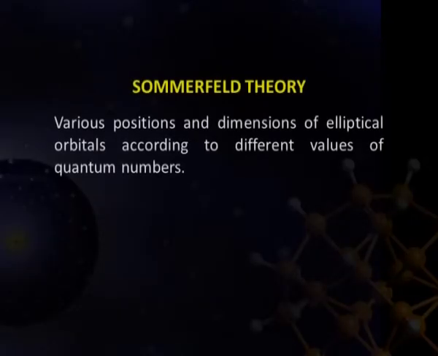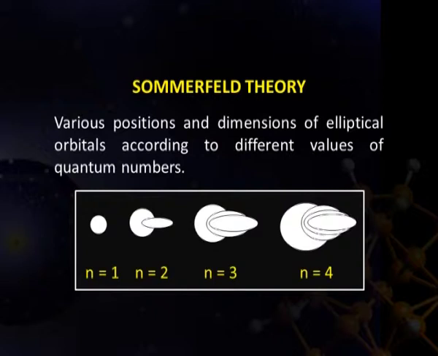As soon as they become equal, the orbit becomes circular. Thus, the circular orbit is only a special case of the elliptical orbit. These are the shapes of the orbitals, showing various positions and dimensions of the elliptical orbitals according to different values of the quantum number.